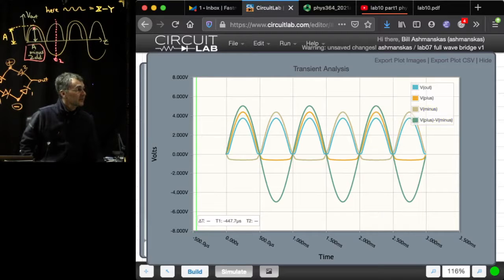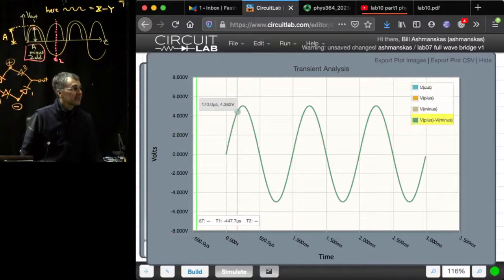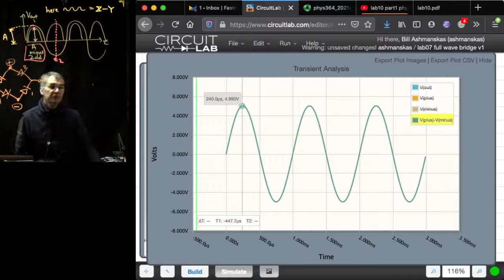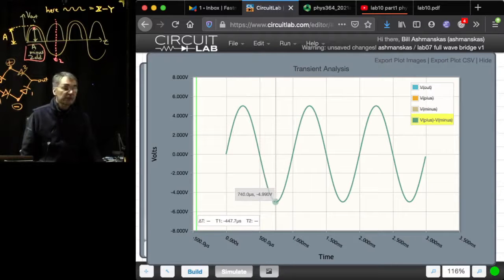First let's just look at V plus minus V minus. So there's our nice sine wave, and I made the amplitude 5 volts, kind of small, so you can see the diode drops. Here's plus 5 volts, here's minus 5 volts. We have our 5 volt amplitude sine wave. And then we can look at the output.